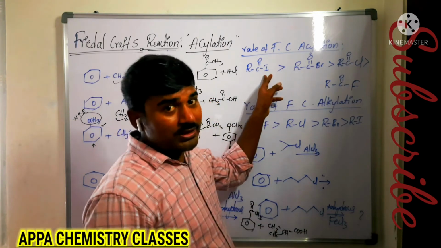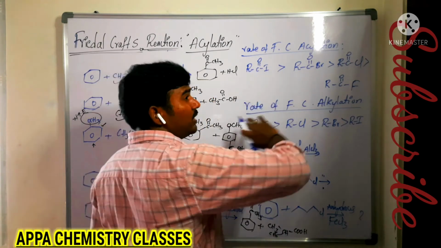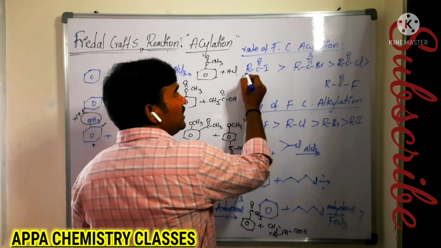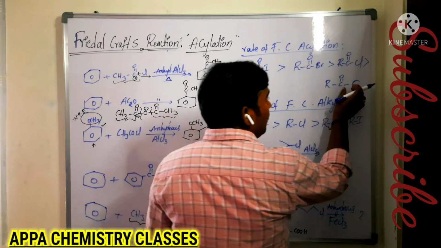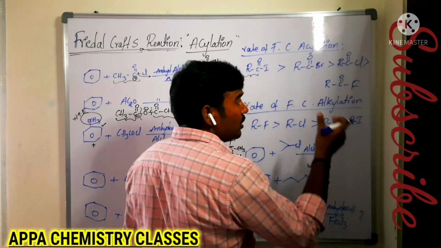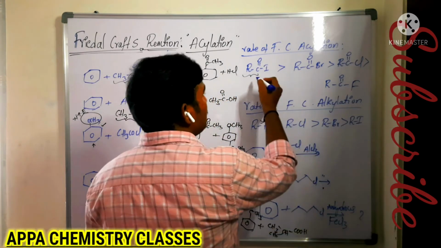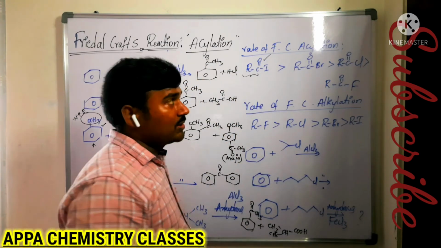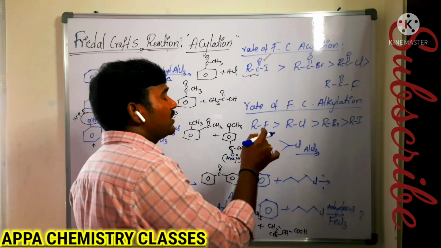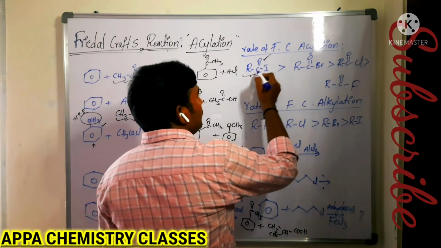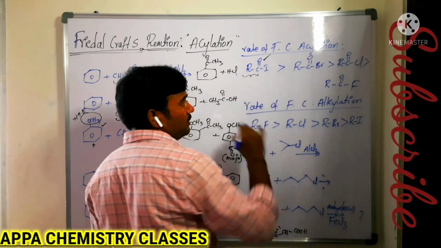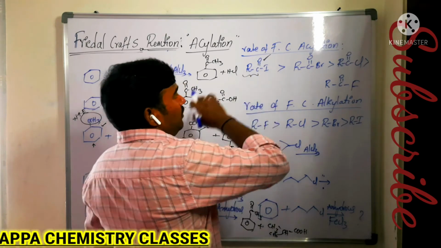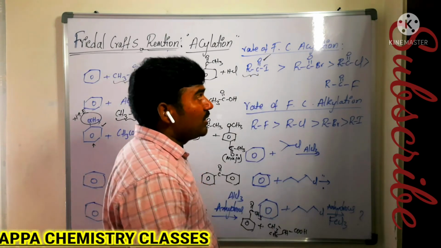This one, because the carbon to iodine bond is long, so that bond can easily break down and we easily get the acyl carbocation. But where the bond length is very small, breakage requires more energy, so it does not readily participate in Friedel-Crafts acylation. That is very important. The rate of Friedel-Crafts acylation mainly depends on this, so iodo-acyl has the higher rate in the case of acylation.